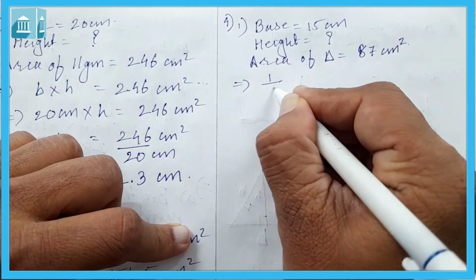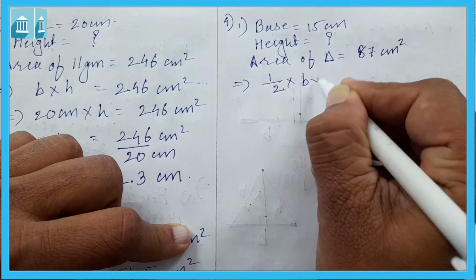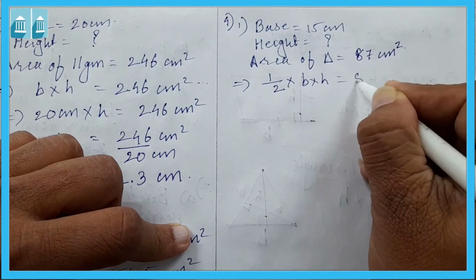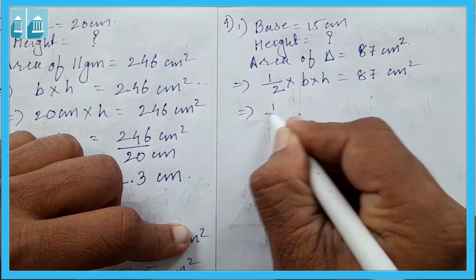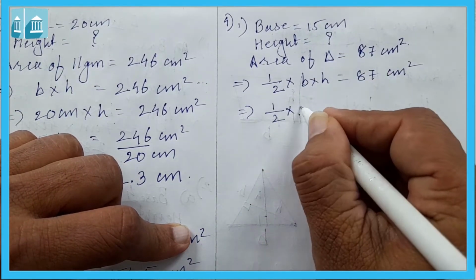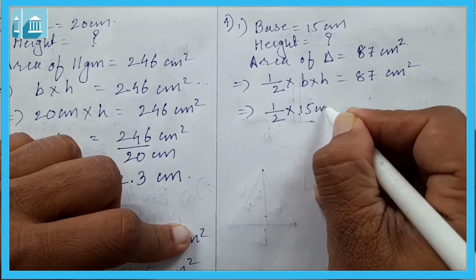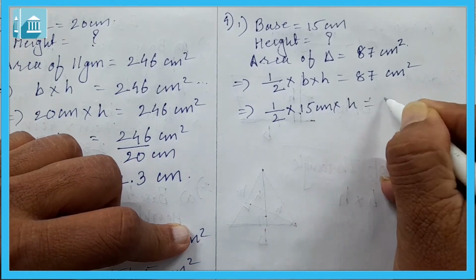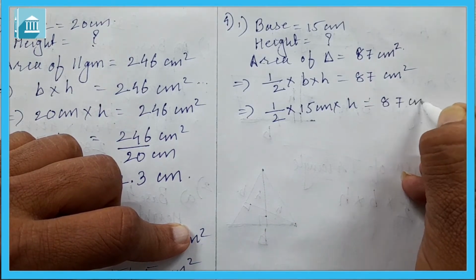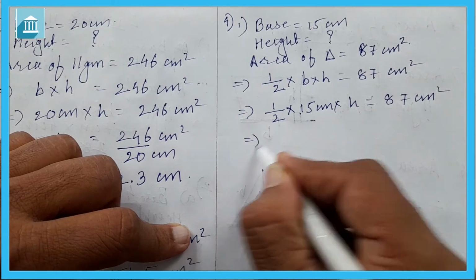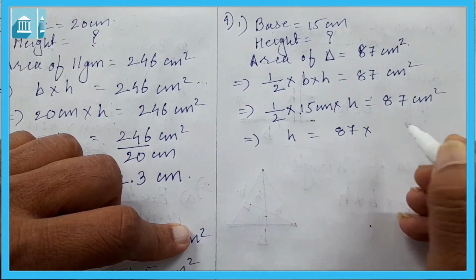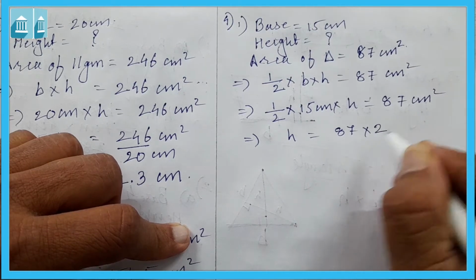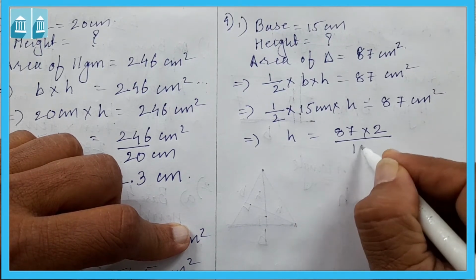So we know that area of triangle is equal to half into base into height, which is equal to 87 centimeter square. So this will be half into base, here 15 centimeter, into h, which is equal to 87 centimeter square. So h is equal to 87 into 2 upon 15.